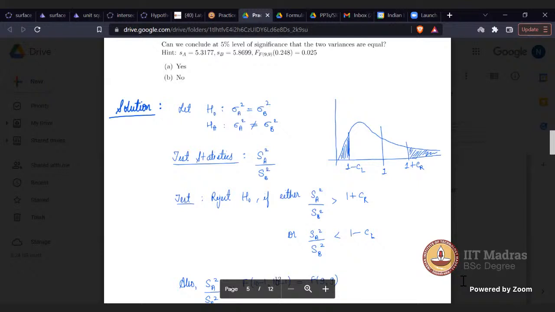So in this case, if you find S square upon SP square, it will come out to be less than 1, right? So you can just take this to be S square upon SP square is less than 1 minus CL. You can go with that.